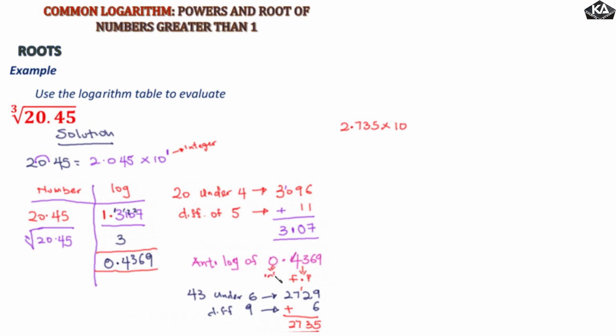This is the integer, 0, times 10 raised to power 0. Then what will be our value? That will be 2.735 times 10 raised to power 0, and 10 raised to power 0 is what? It is 1. 2.735 times 1. Then the final answer will be 2.735. That is it.